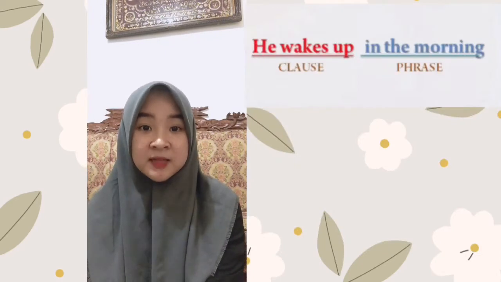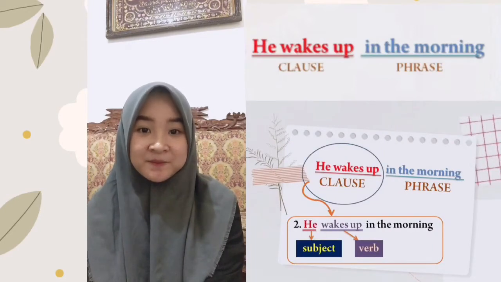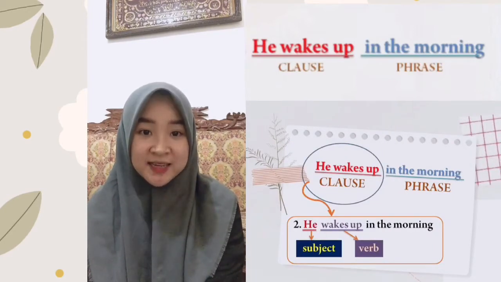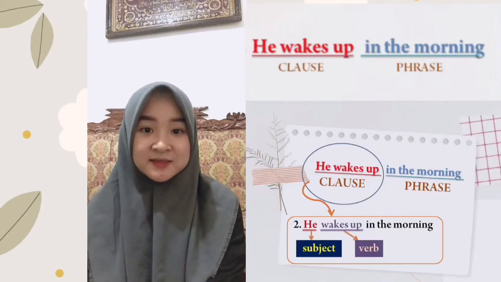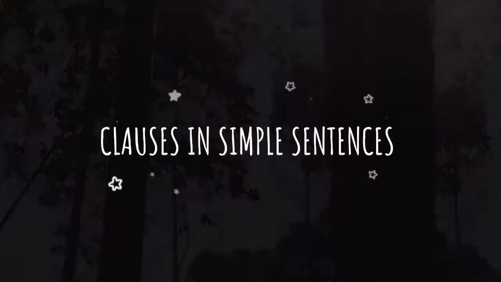He wakes up is said to be a clause. Why? Because it contains a subject and a verb. While in the morning is said to be a phrase. What is the phrase? Phrase is a group of words that doesn't consist of a subject and a verb.